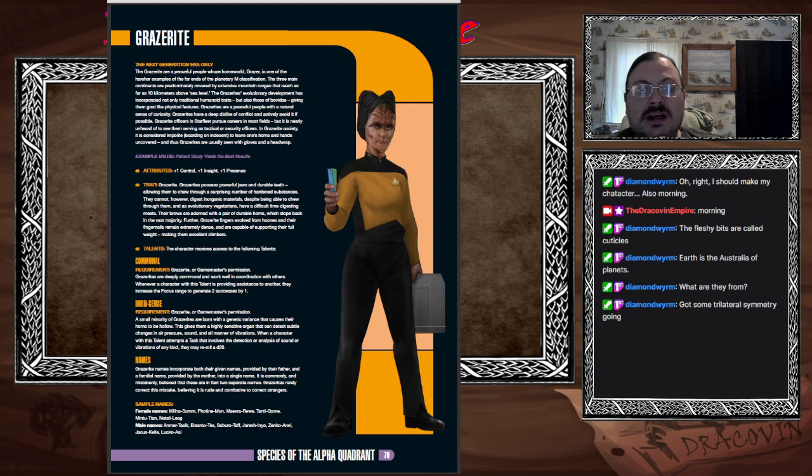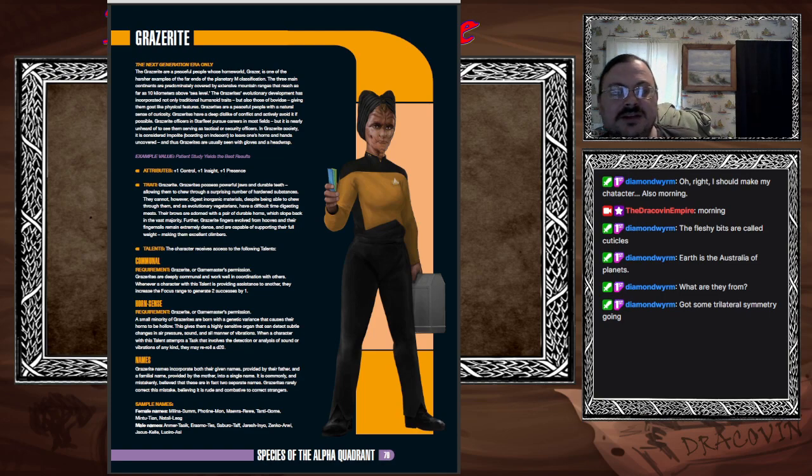They're peaceful but have a lot of curiosity, a deep dislike of conflict, and avoid it if possible. Officers that go into Starfleet pursue careers in most fields, but very few. It's almost unheard of that any serve as tactical or security officers. And it is considered impolite to leave one's horns and hands uncovered. So they often are seen with gloves or wearing a head wrap because of this.